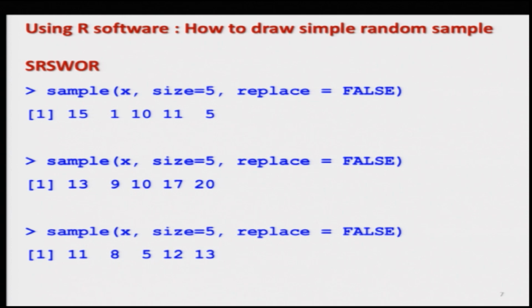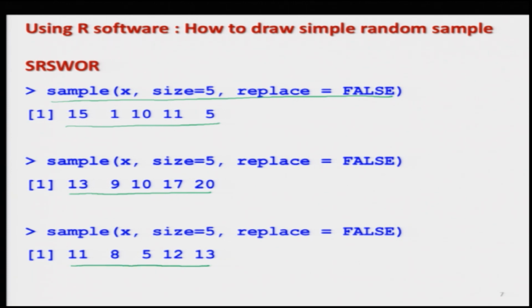When I execute this command, I get the outcome 15, 1, 10, 11, 5. If I repeat this command, I get another sample: 13, 9, 10, 17 and 20. If I repeat it once again, it is 11, 8, 5, 12, 13.